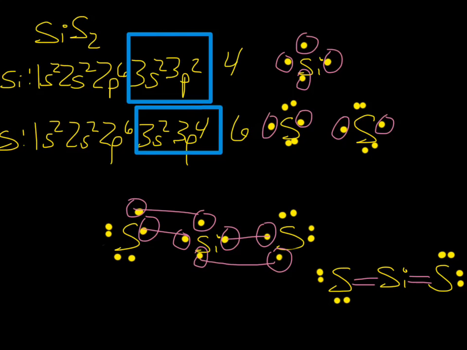So if you count again, we should have 8 electrons around each. It's a little easier to count on this one. Remember each line is worth 2 electrons, right? So 2, 4, 6, 8. 2, 4, 6, 8. And 2, 4, 6, 8. So we did it.